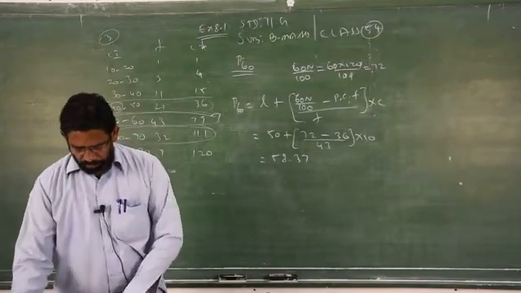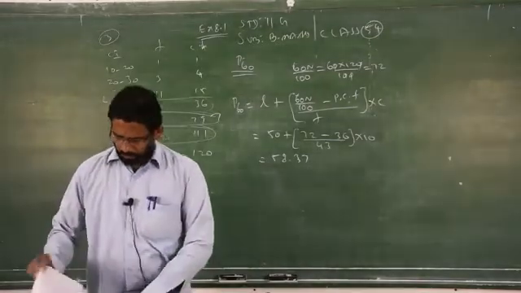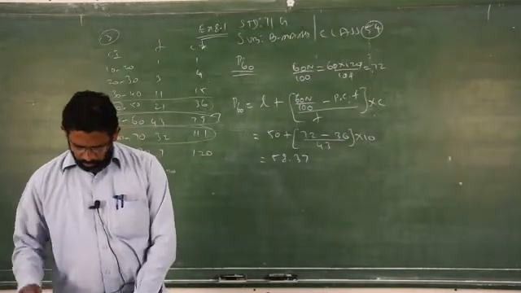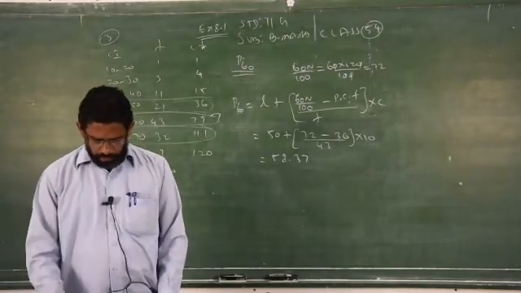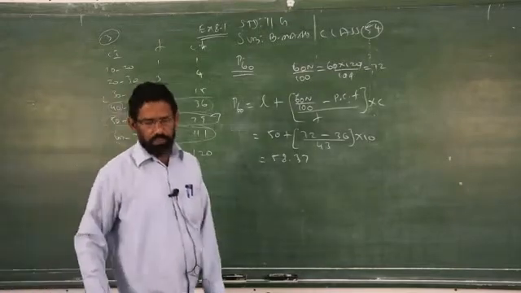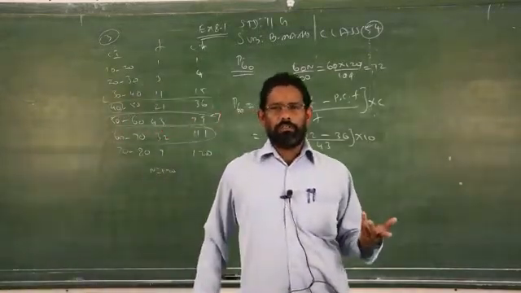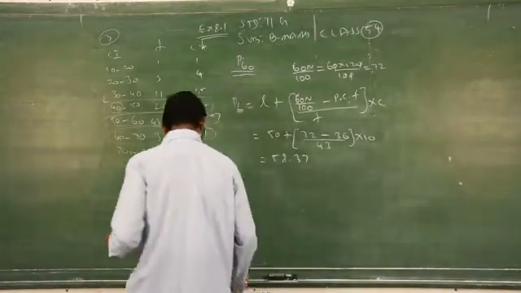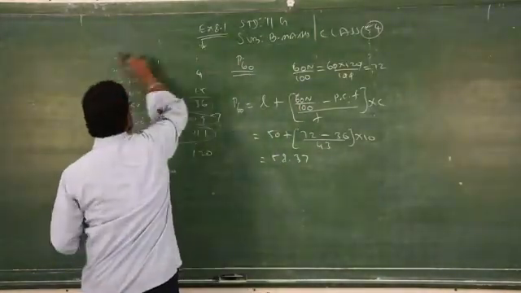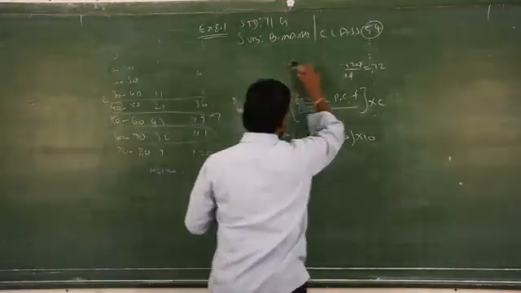The next one, sum number 4. Sum number 4 needs a little calculation. You must know how to find logarithms. If you don't know how to find logarithms, then it will be very difficult. So you must learn how to find logarithms. Before I start to work out the problems, I will teach how to find logarithms.